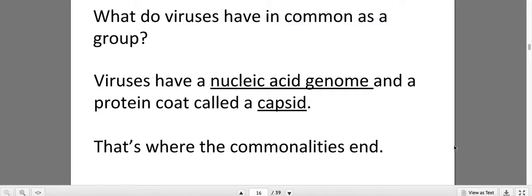Viruses have that, so they have genetic information, which is what makes them them. And then they have something protecting that information, like a little capsid. We call that the protein capsid. These are the only two things that viruses have in common with each other. Everything else is so different that it's impossible to put them in categories or give them names.